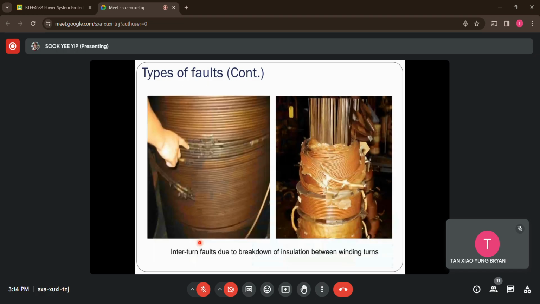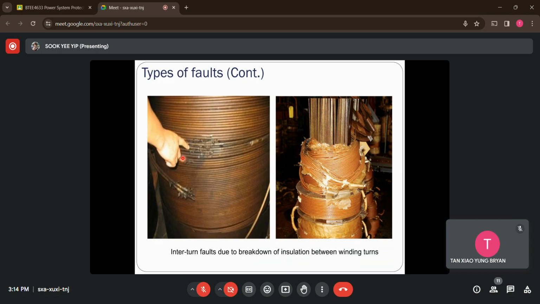All right, so now let's move on here. Now we have two photos showing the damage that leads to the intermittent fault, maybe because of the lightning strike. You can see that this is actually the transformer winding wire. The winding wire is wrapped with the orange thing here, what we call the insulation.